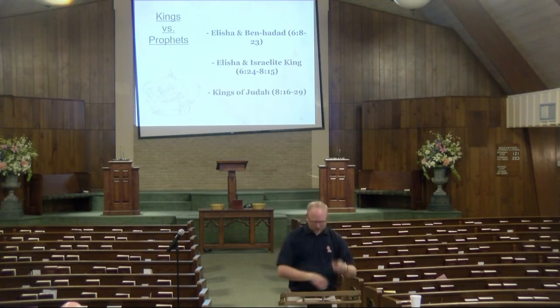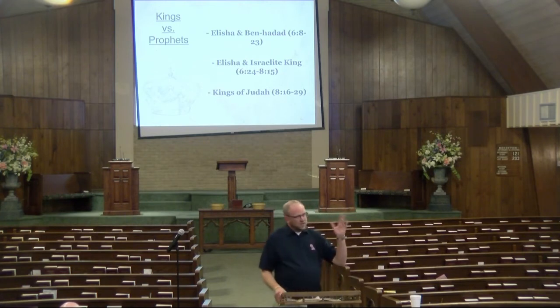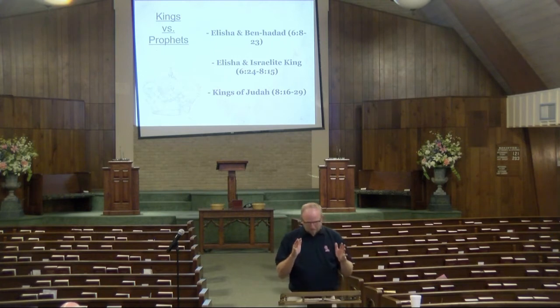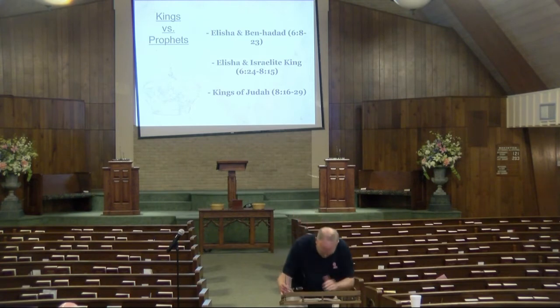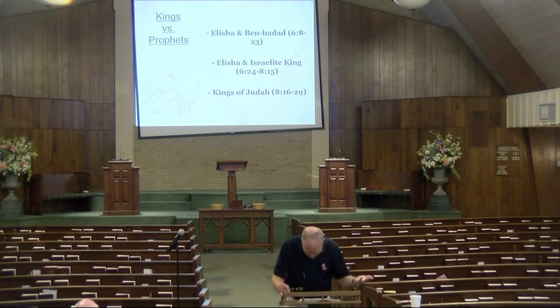And then you have, as we closed last week, beginning in 16, we're looking at kings of Judah again. Whereas from chapter 15 all the way through chapter 8 and verse 15, we've talked nothing but about the kings of Israel. And now we're back to the kings of Judah. And we look at two of them here, Jehoram and Ahaziah.